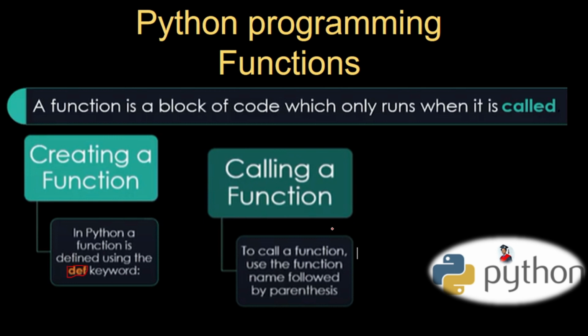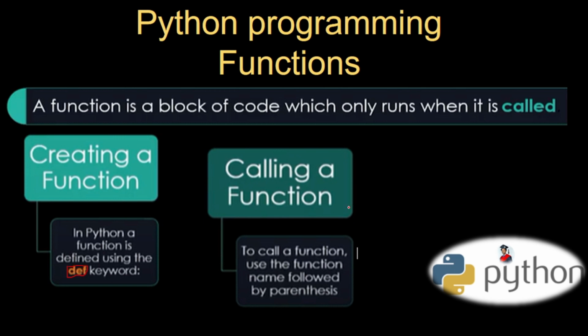Based on your problem domain, to create a function use def, then the function name, then open and close parentheses. So after we define the function, we use another technique called calling a function.